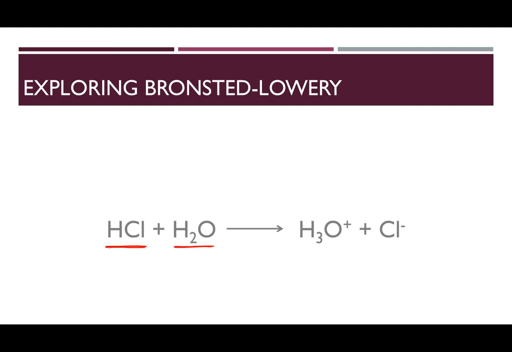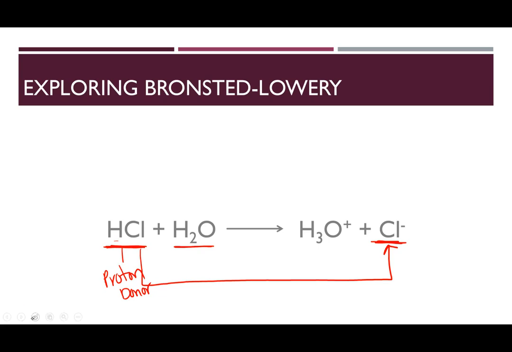So what we see here is that hydrochloric acid, HCl, is going to be our proton donor. It's going to give away that hydrogen atom, and we're going to link it on the other side to this chloride ion. We see that it started as HCl and it ended as just Cl. And what's the difference between those two? Well, the hydrogen was given away. It was donated to somebody else.